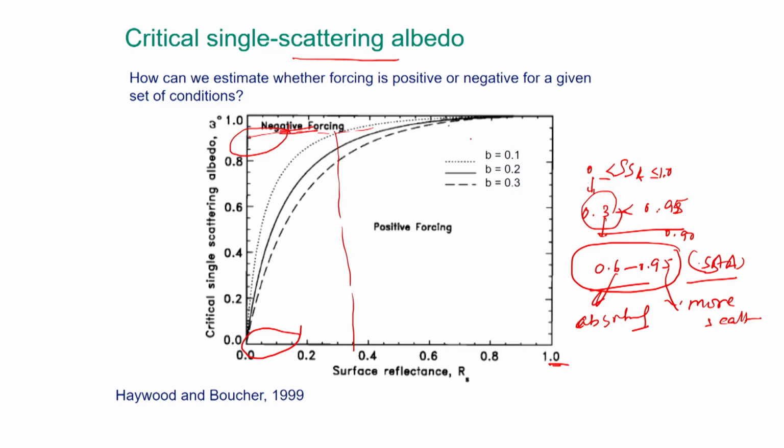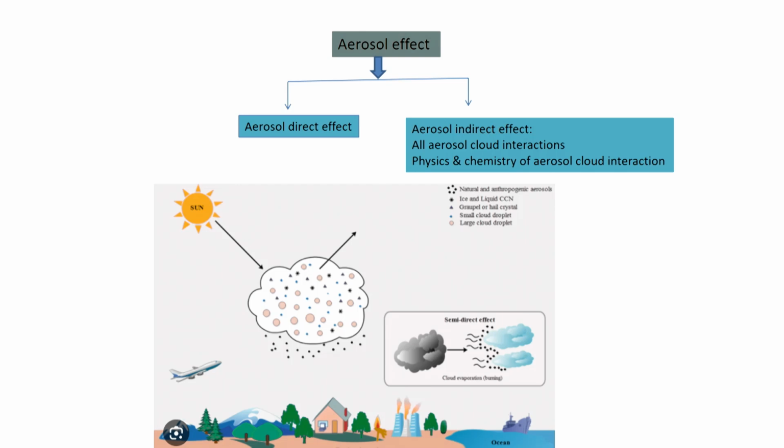And even if you have very high single scattering albedo values and very high surface reflectance, it can be on either side. So there is a critical value, and it is not very easy to find. There is no single value of SSA on which you can say that particles will behave as scattering, or that there will be either atmospheric cooling or warming. There is no critical value, but lots of efforts are going on.